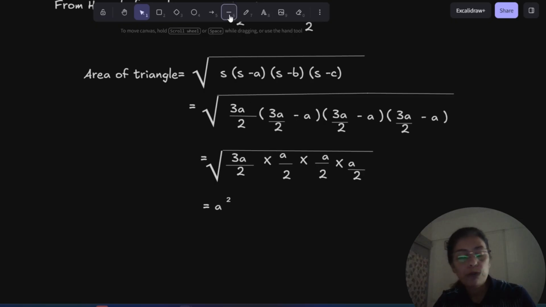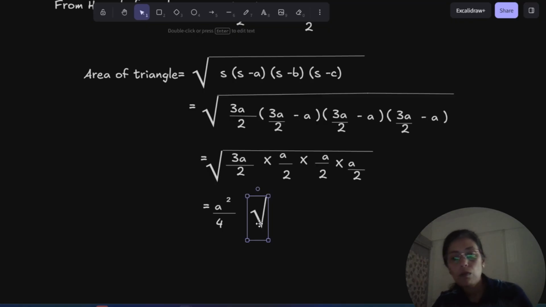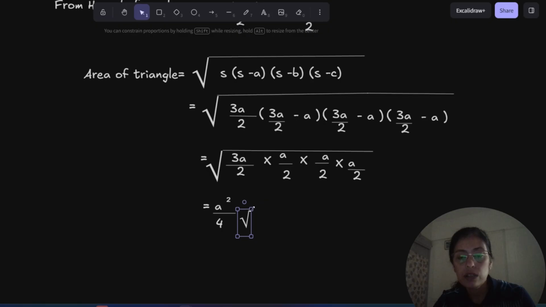So under root of 2 to the power 4 will be 2 to the power 2, which is 4. So we have 4 in the denominator. And what is left does not have any pair to take out. So we can't take it out of this under root. That is our 3.